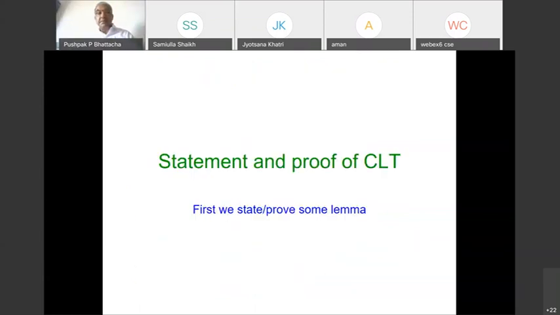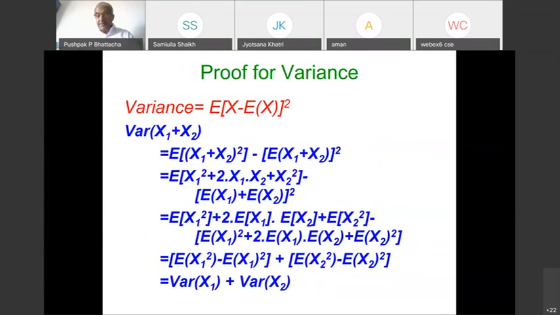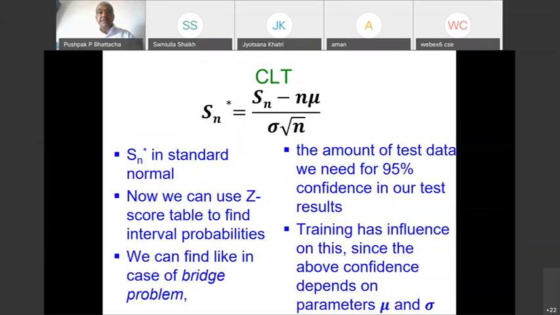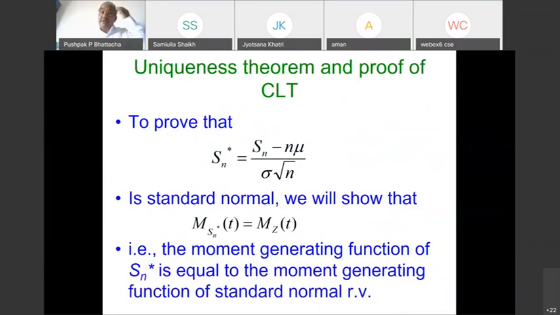I'll show you the statement of the CLT, central limit theorem, which again is based on what is called the moment generating function and uniqueness theorem. Next time we'll definitely do moment generating function and uniqueness theorem in our pleasant way by appealing to NLP and machine learning.